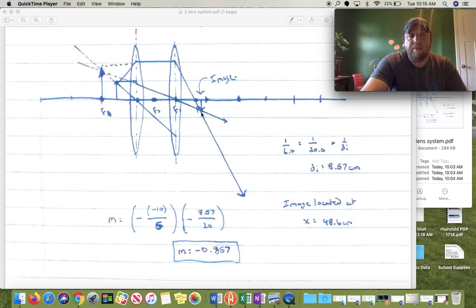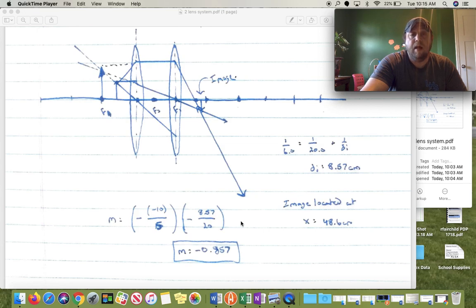So once again, my diagram actually came out pretty accurate, so my overall image height or magnification is about 85.7% of the original object, and it's negative, which means it's inverted, so the calculations work out great.